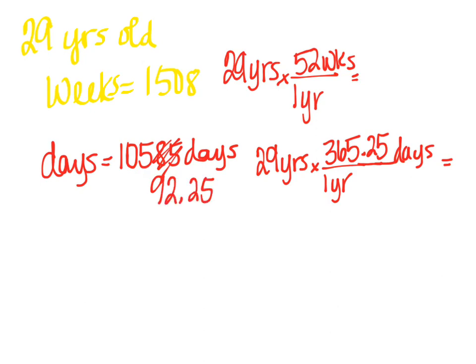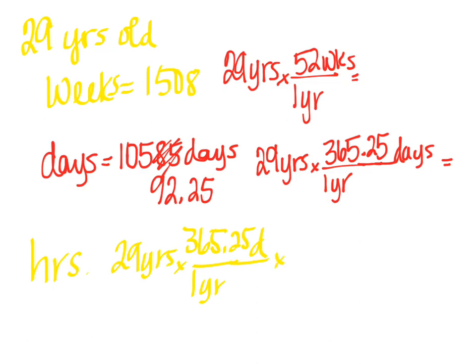Okay. So now we go to hours. If we have your 29 years, and in 1 year there's 365.25 days, and in 1 day there are 24 hours.